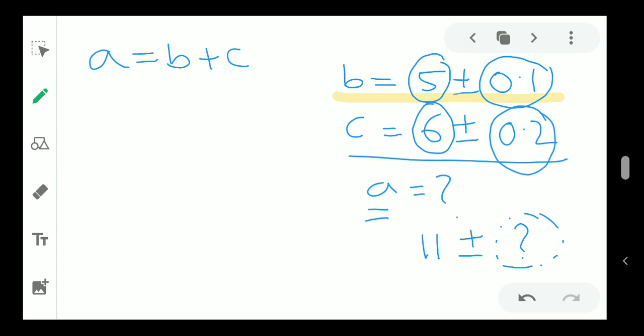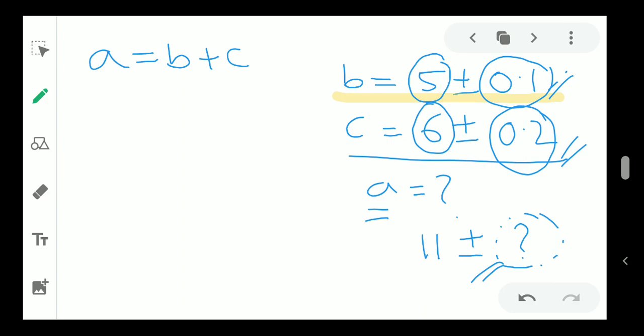Will they directly add up, or will we have to deal with these values in some other way? We don't know how to deal with these two absolute uncertainties to get a resultant value.